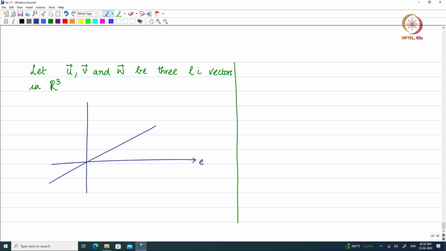So this is my x1 axis, this is my x2 axis and let this be the x3 axis. Let us mark those 3 vectors u, v and w. Let me take u to be this vector, let me have v to be this vector and let us take w to be this vector. Now let us complete the parallelepiped here.